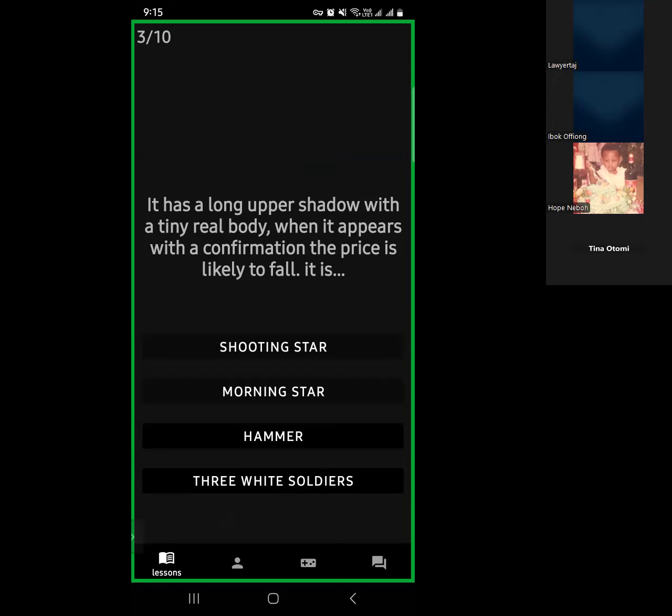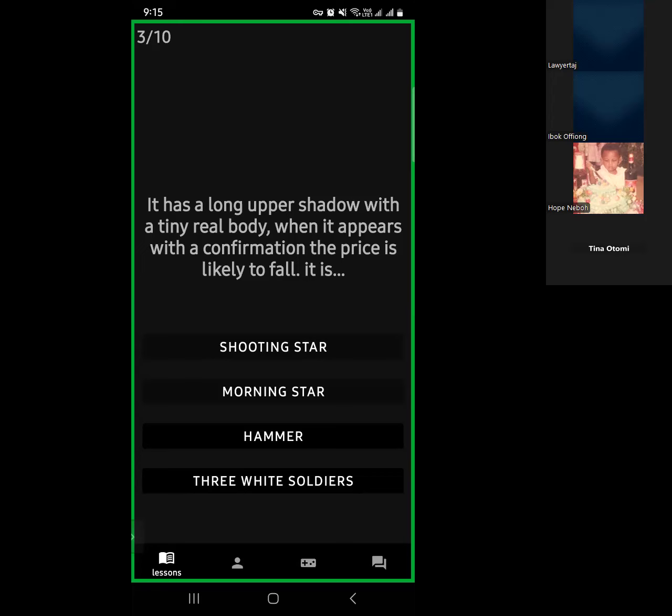It has a long upper shadow with a tiny real body. When it appears with a confirmation, the price is likely to fall. It is called what? Long upper shadow with a tiny real body.